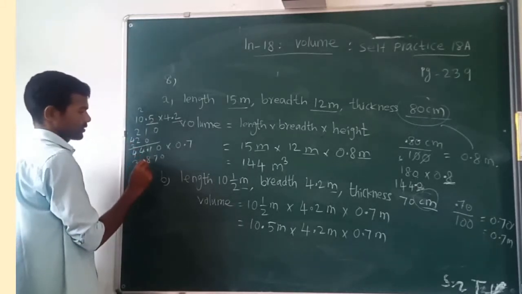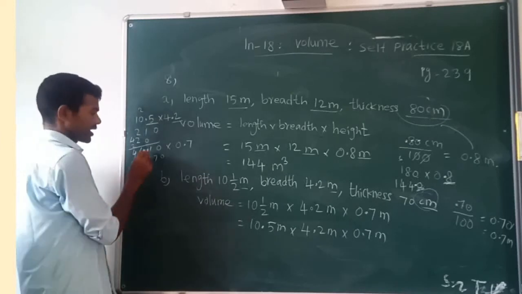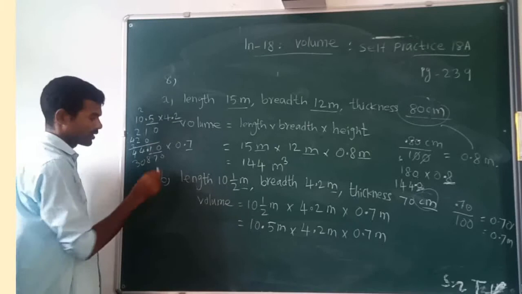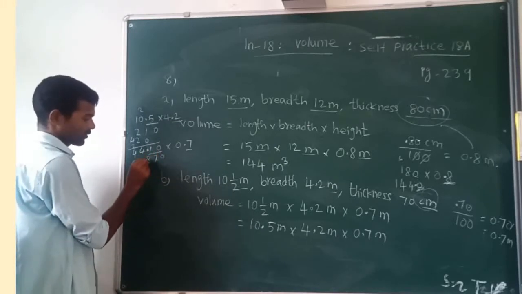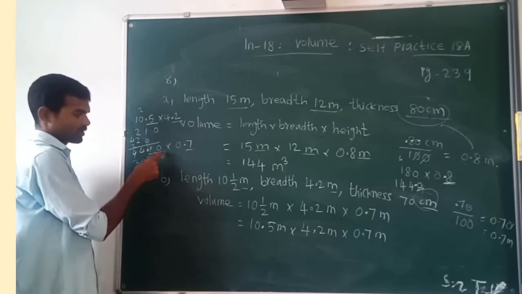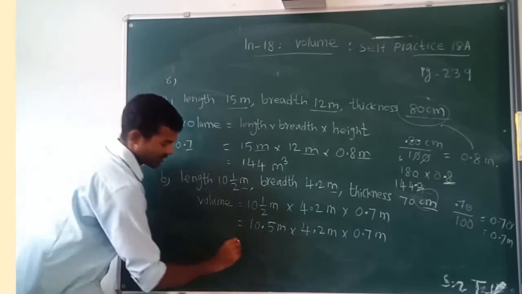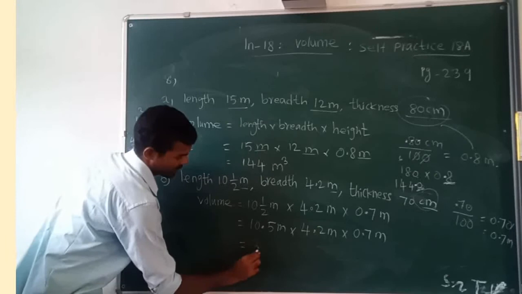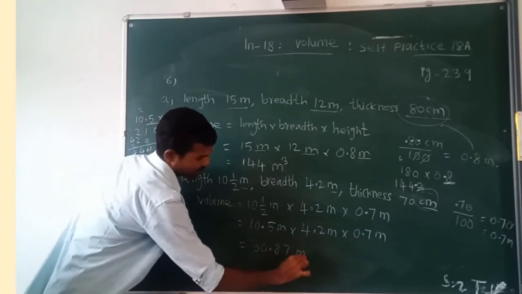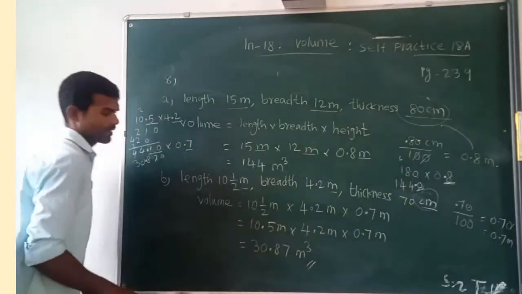So where will you keep the point? After the point 2 numbers and 1 number, so 2 plus 1, 3 numbers. Put the point: 30.87. The last 0 you can leave. That is 30.87 meter cube. This is the answer.